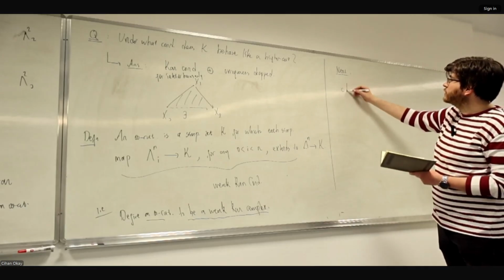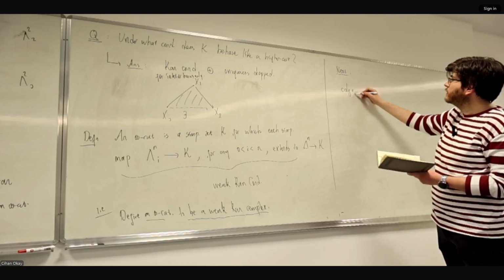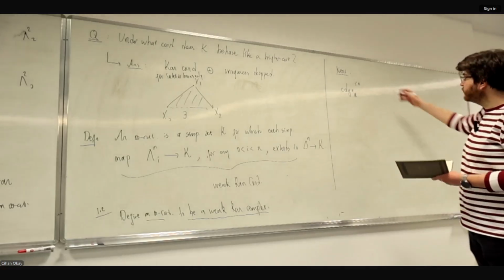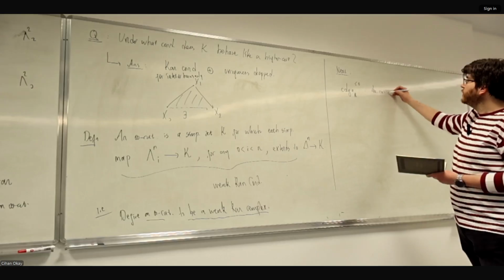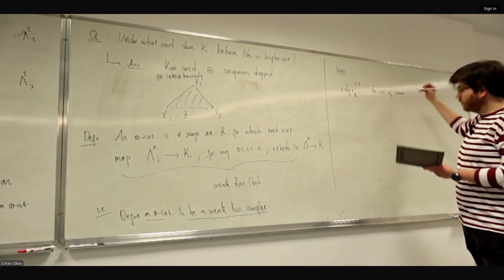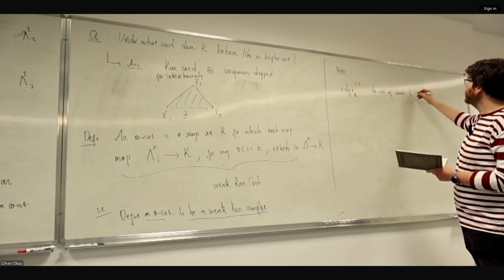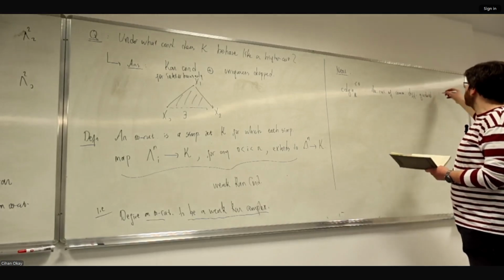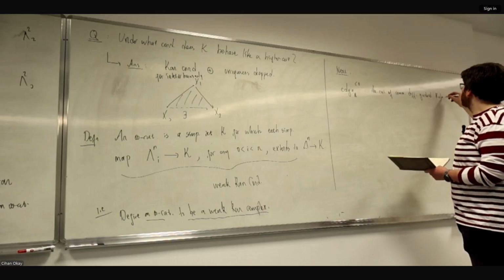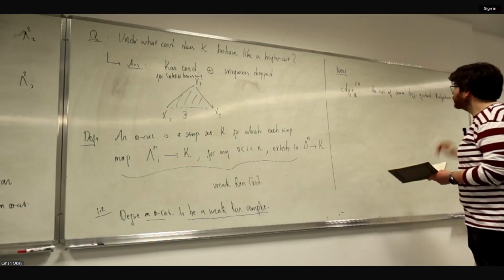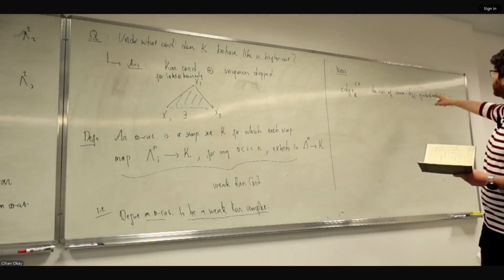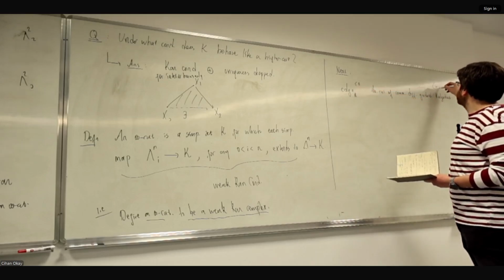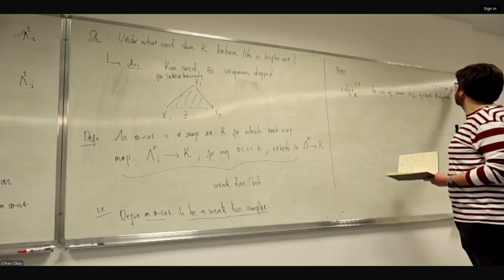So we just consider this category. This is what we call the category of commutative differential graded K algebras, in non-positive degrees.